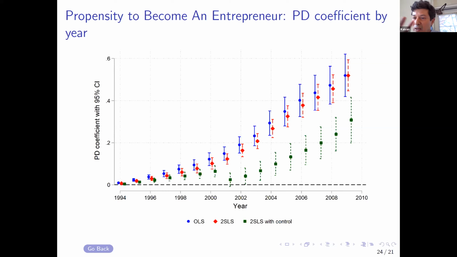So the first thing to note is that these coefficients are always positive, okay, and that they're getting bigger over time. Now, the blue circle is the coefficient you have when you're just regressing on population density itself. The red diamond is the coefficient you have when you're only using that part of the variation in population density that can be explained by the crop suitability.